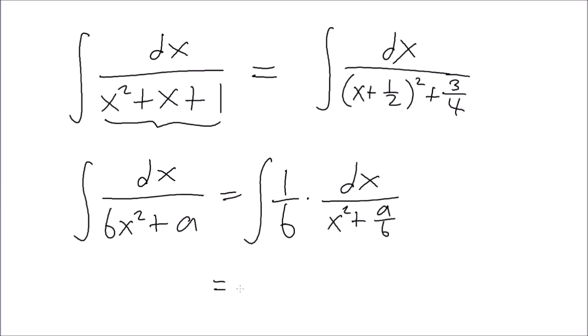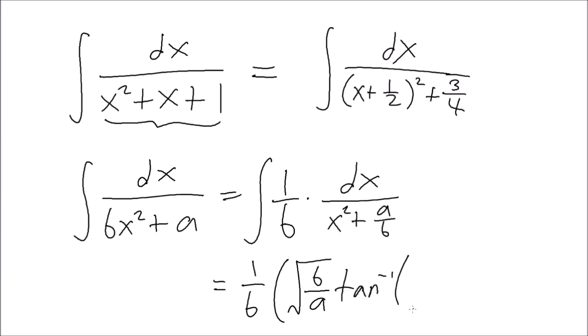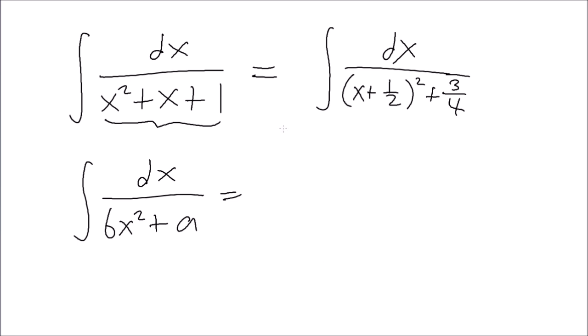Then this would equal 1 over b, and this would be the square root of the reciprocal, b over a, inverse tangent of x square root of b over a. Of course you can simplify this. So just be very careful with that.